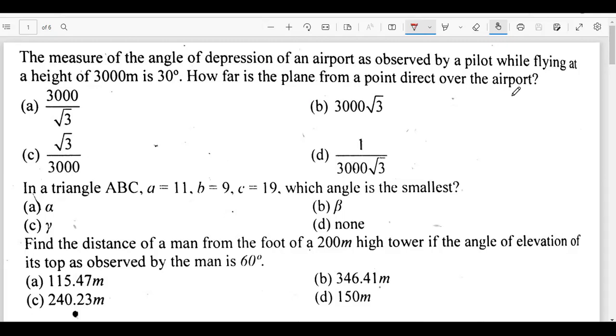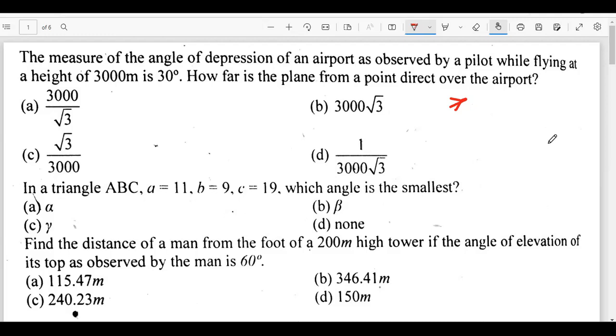I'll make the scenario. So we have an aeroplane, and it says the measure of angle of depression of an airport as observed by a pilot while flying at a height of 3000 meters. And we need to make the airport.